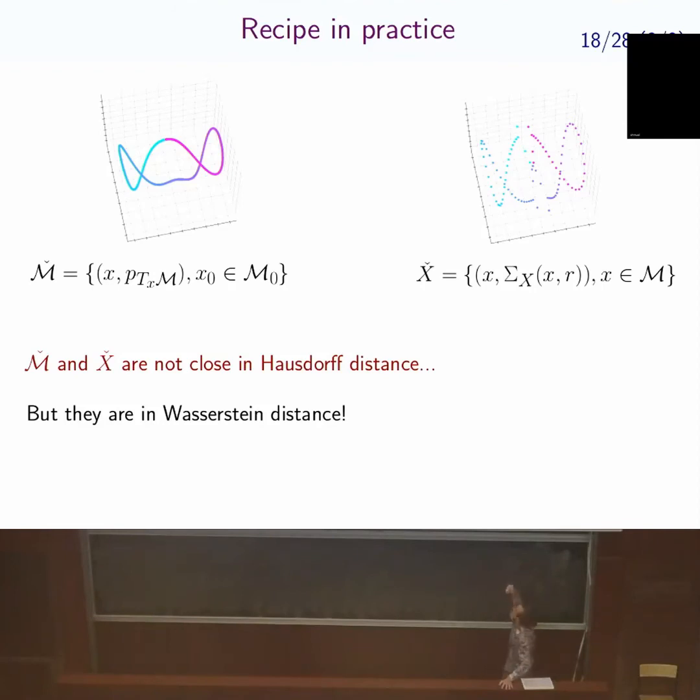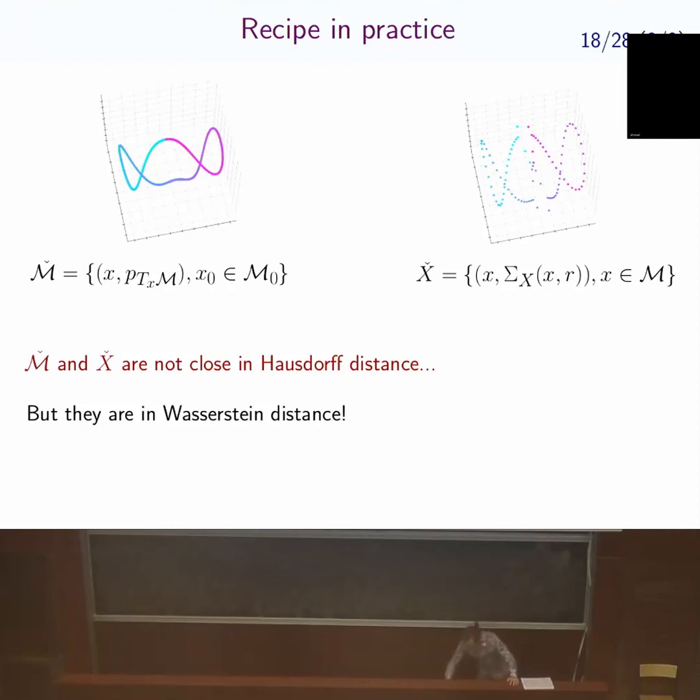This is where the local covariance matrices do not estimate well the projection matrices on tangent spaces. So we have some anomalous points, but if you recall what we've done before, from a measure point of view, a few anomalous points are okay for us. So we should adopt a measure point of view again on this problem.